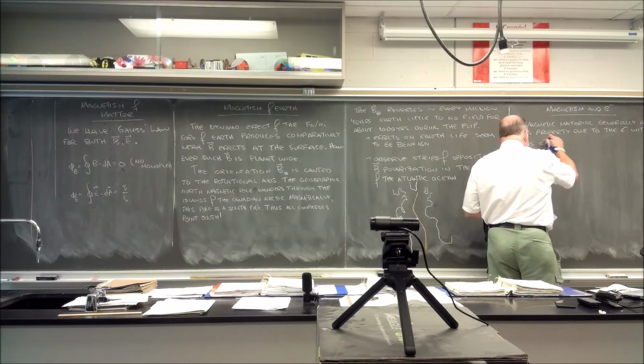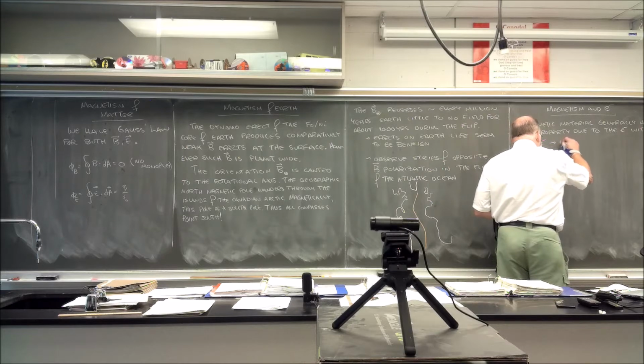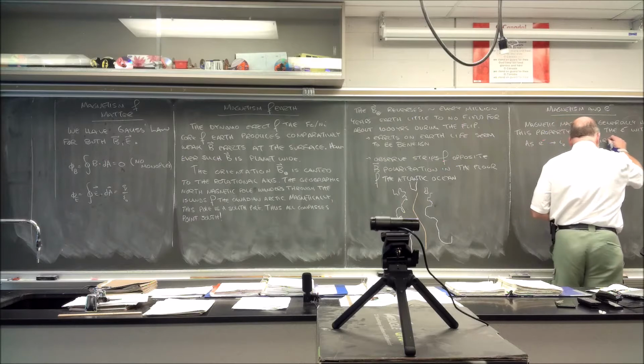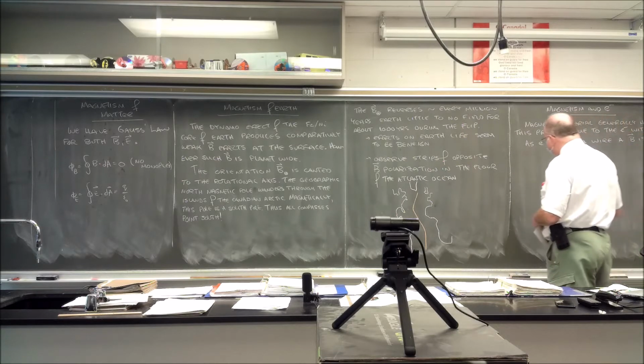As electrons produce an electron current in a wire, a magnetic field is formed. And we already know that.